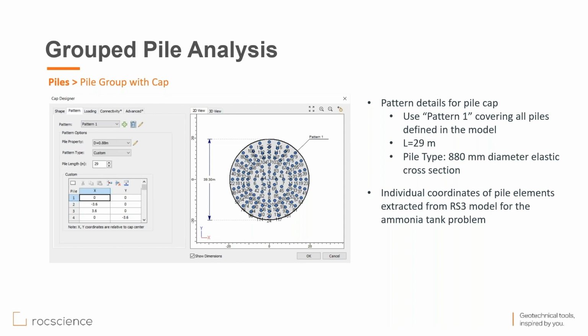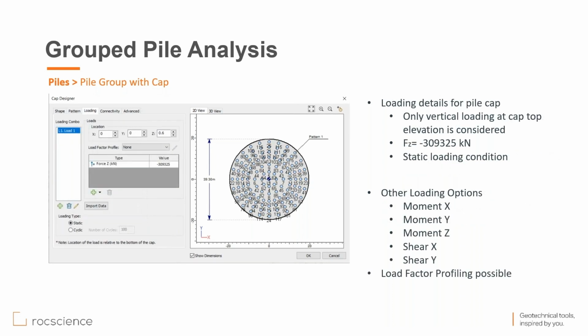And the loading conditions, what we did was just to apply in the middle of the cap without any eccentricity a force in the negative direction, which corresponds to the self-weight of the ammonia tank with its load.